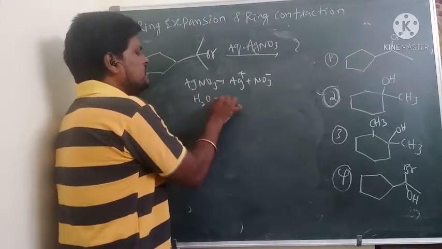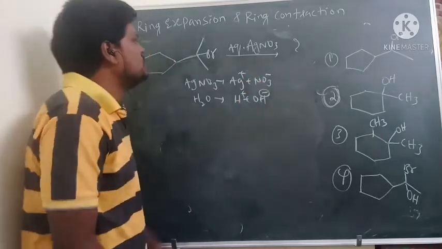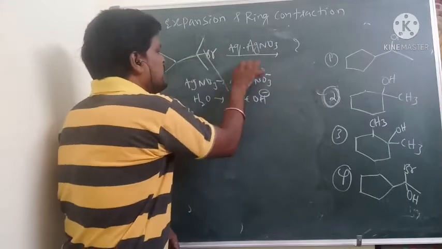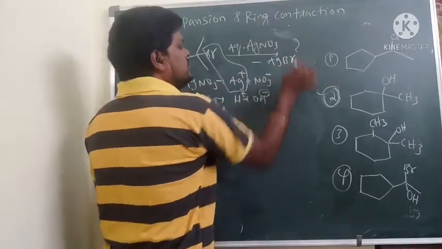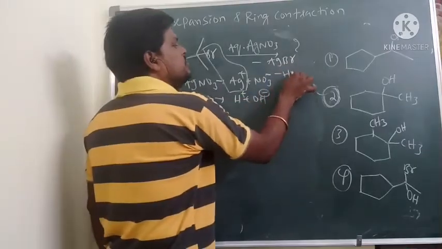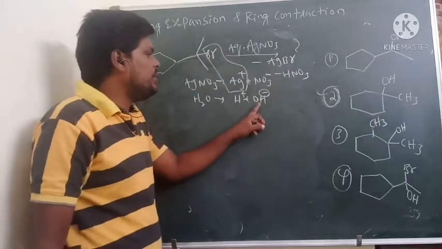Aqueous means water, so H plus and OH minus. So Ag plus Br minus is eliminated as AgBr, right? And H plus NO3 minus, HNO3, nitric acid, is eliminated, remaining OH minus, right?